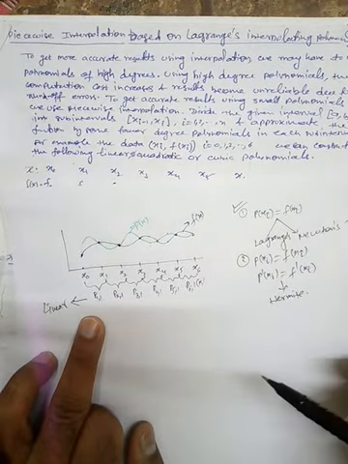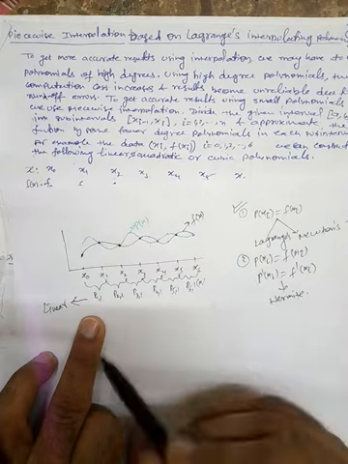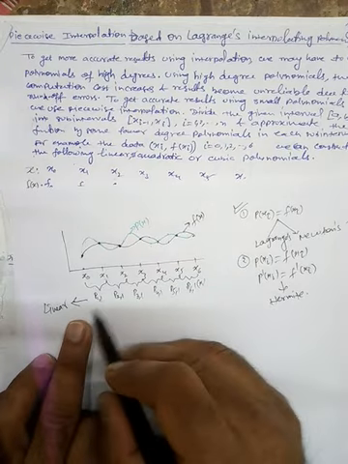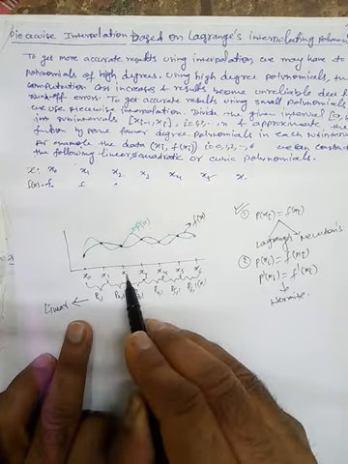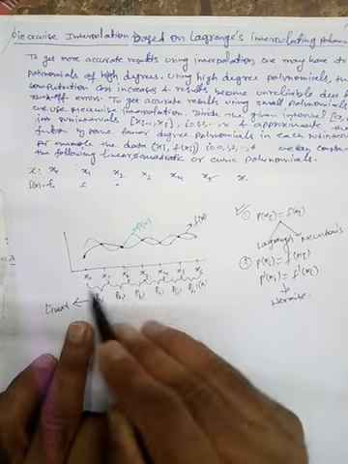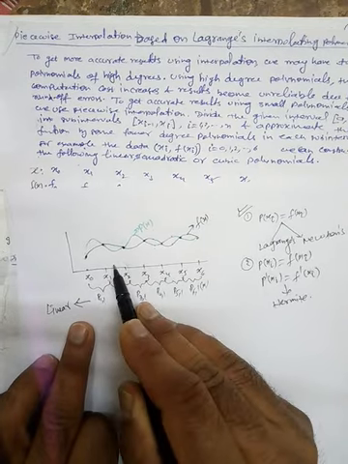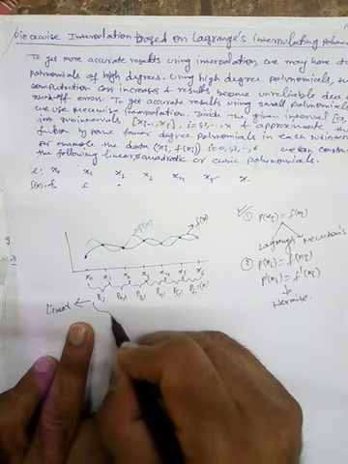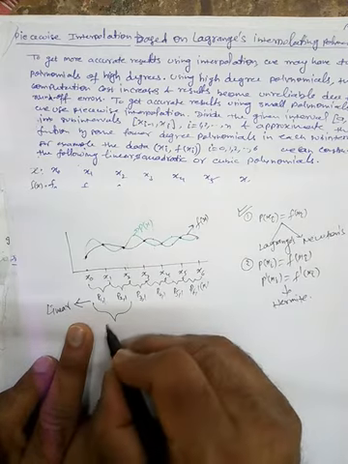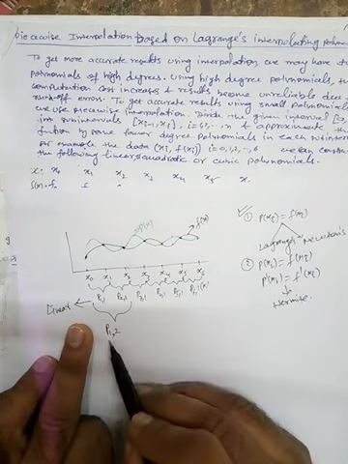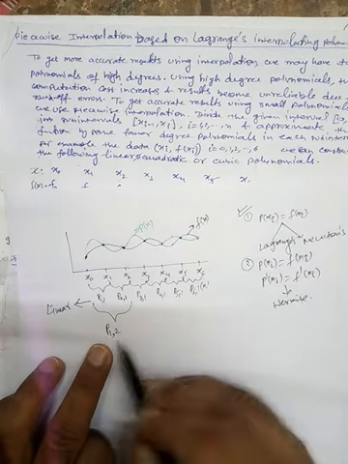Now to fit P11, either you can use Lagrange's formula or Newton's divided difference. It's up to you. Similarly, if you are joining 3 points at a time, x0, x1, x2, you can fit a degree 2 polynomial, quadratic. So we can call it P12, first polynomial with degree 2.